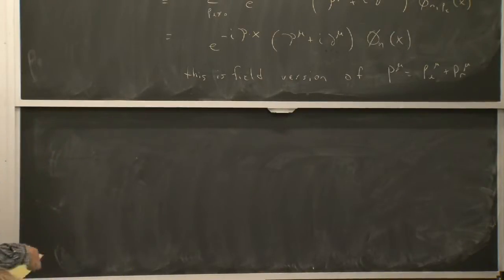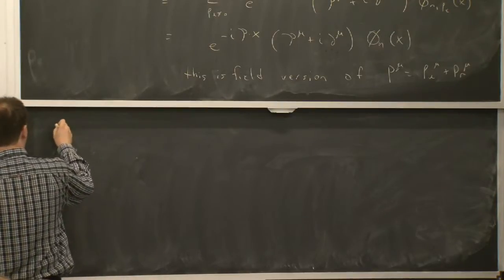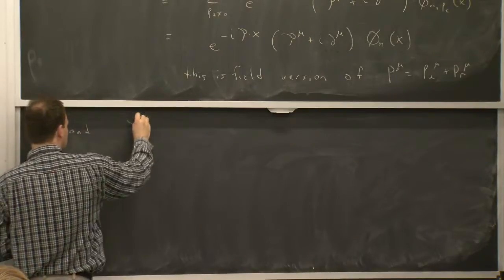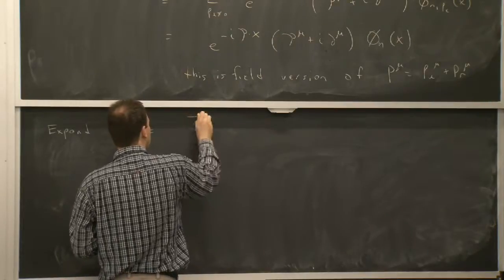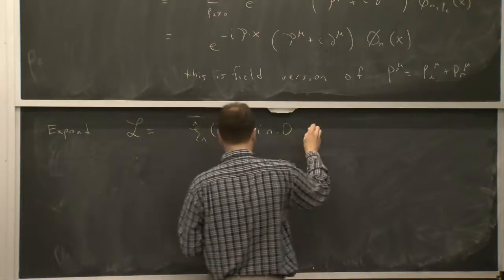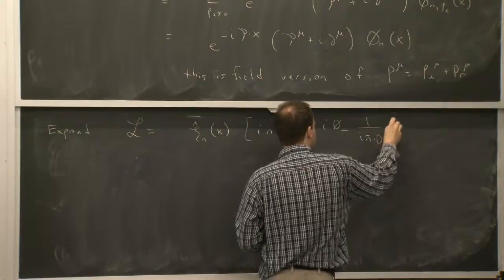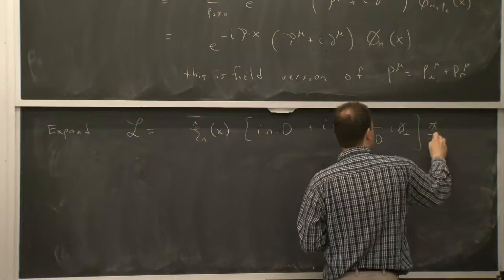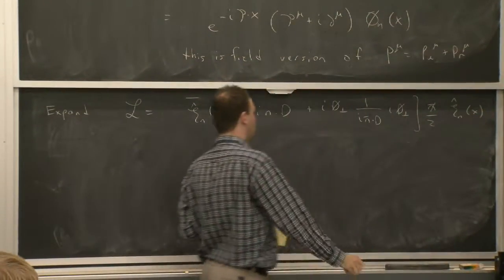Because we've split up both the fields and the momentum, we're able to expand. So let's go back to the thing we wanted to expand. We had this guy, and we wanted to expand it, and now we know how to expand it. We've set up a nice way of doing the multipole expansion by introducing some additional notation.